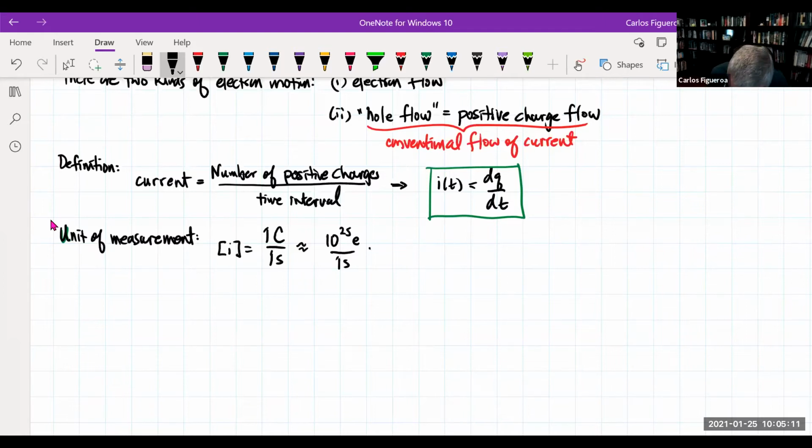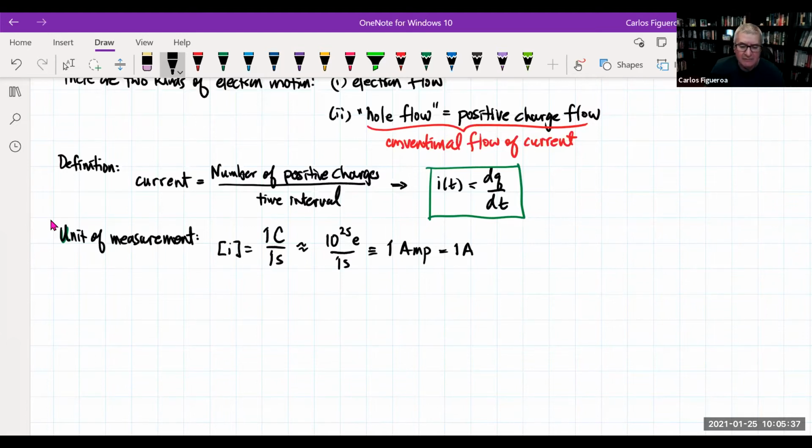And this, by definition, is what we call 1 amp, which of course we don't write this way, we write it that way with A. So if you have 10 to the 25 electrons that have some drift velocity and are moving with uniform velocity, then we know that that's about an amp.